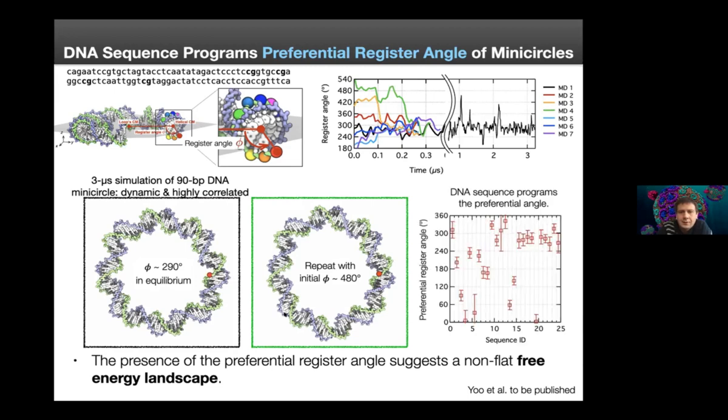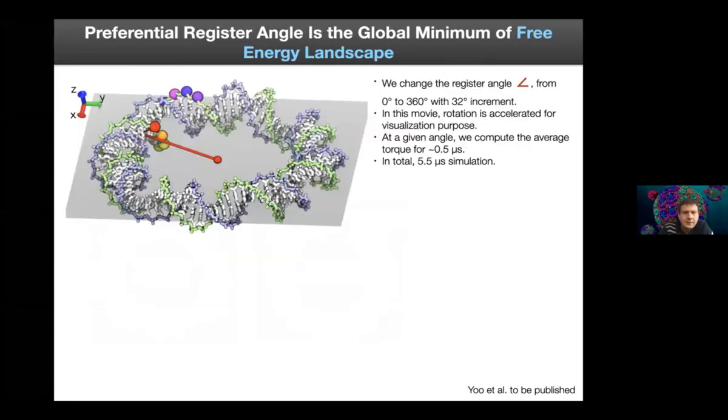We did it for 40 different sequences, and we find that the sequence tells you what the angle is. In other words, the DNA sequence tells you which part of the DNA circle will be inside and which part will be outside, and it's a fairly robust feature. That was our discovery, and we tried to understand it quantitatively by doing the following.